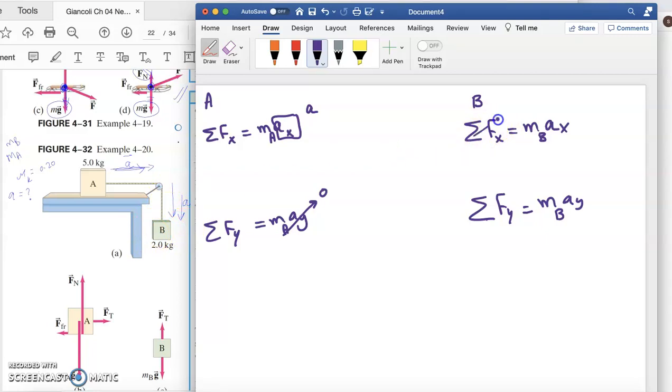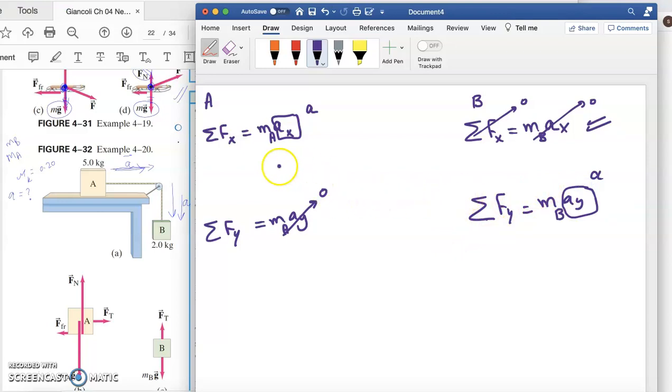So there are no forces along the x-axis. There is no motion along the x-axis. Good. So we don't have equation or force or anything along the x-axis for object B. But what about the acceleration? Yes, we have acceleration, and this is the acceleration of the system. Great. Don't worry now about negative or positive.